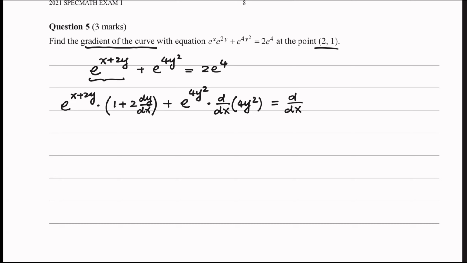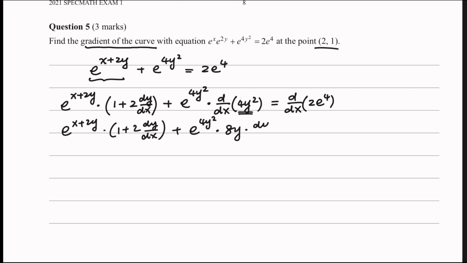Remember, this is actually a constant. So you get e to the power x plus 2y times 1 plus 2 dy/dx. That's still the first term, plus e to the power 4y squared times 8y, but remember, you have a dy/dx. And the right-hand side, differentiating the constant, you get 0.